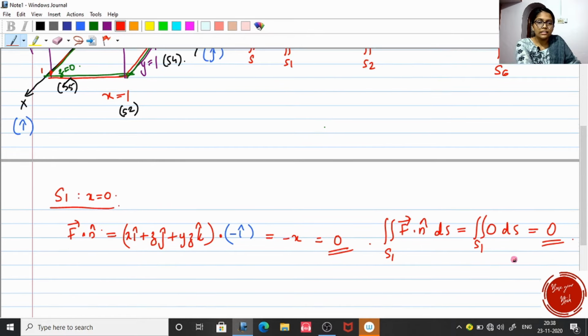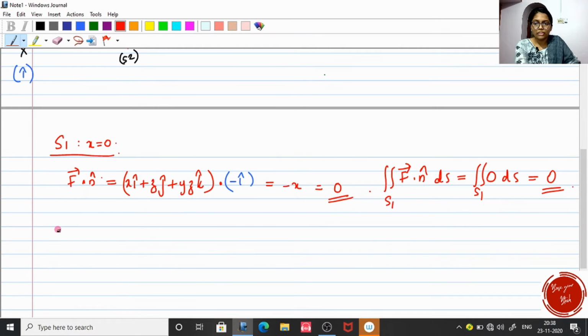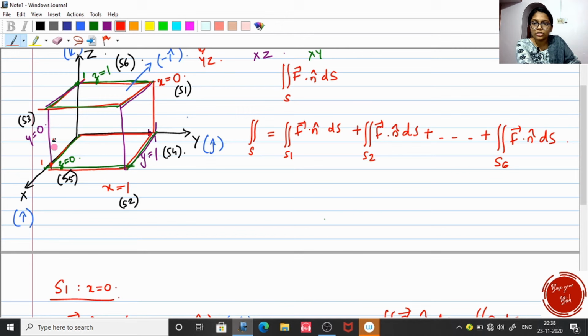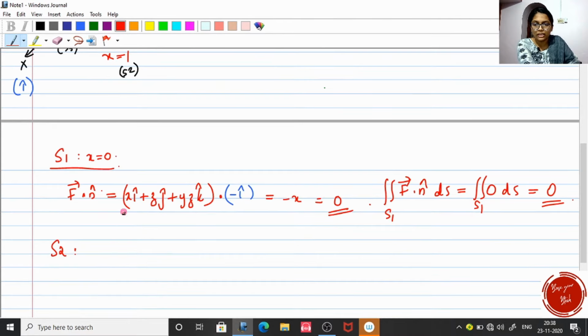Fine. Similarly, we have to do for the other surface also, that is S2. Let us see, S2 is the plane parallel to the yz plane, isn't it? Here x equal to 1. So, for S2 it is x equal to 1, and f dot n cap means xi plus zj plus yzk dot n cap.